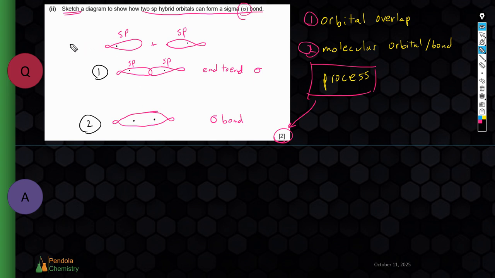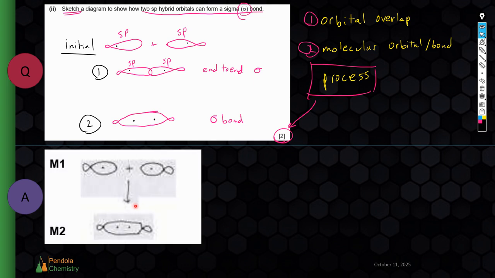And for good measure, it's very good to show your initial orbitals, because sometimes that's what they're looking for, not the overlap of the initial. And if we look at the mark scheme here, that's what they're looking for. They're looking for your initial sp hybrid orbitals, although they will probably have taken the overlap that we show here for mark 1, because it still shows the 2 individual hybrid orbitals.